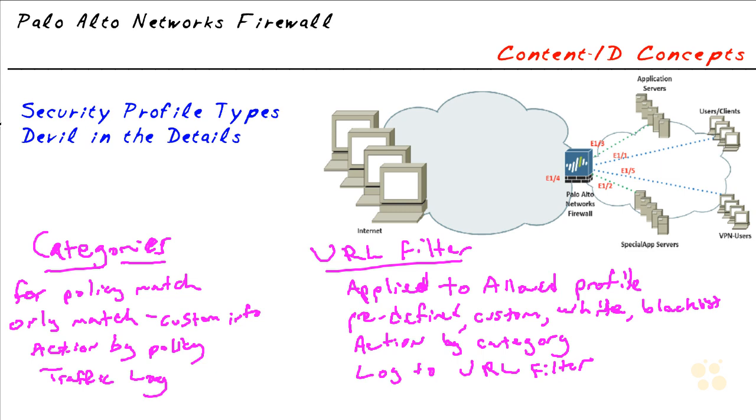Now, my order of operations for things. So as I start looking at all this, the first thing that I will match on is my block list, or the blacklist. The second thing that I'll match on is my allow list, or my whitelist. The third thing is going to be the custom categories.